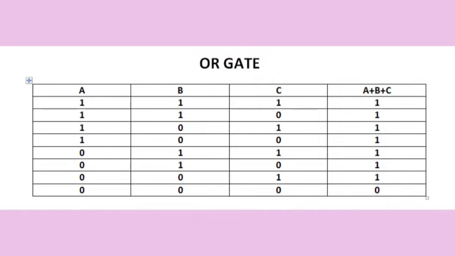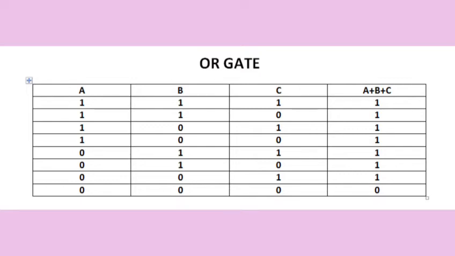I mean, if you have 1 1 1, the expression is 1. You have 1 1 0, the expression is still 1. You have 1 0 1, the expression is still 1. So long as there is a high input, the expression will give you a high output.